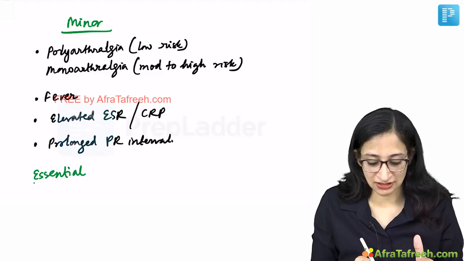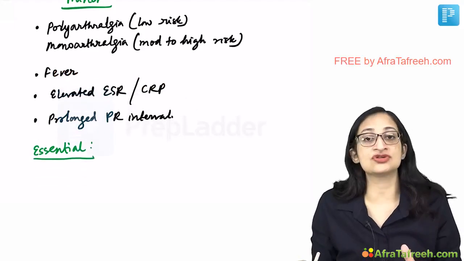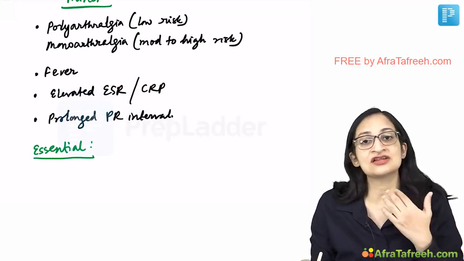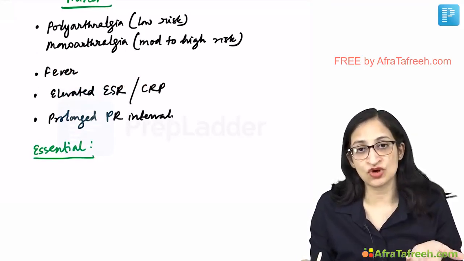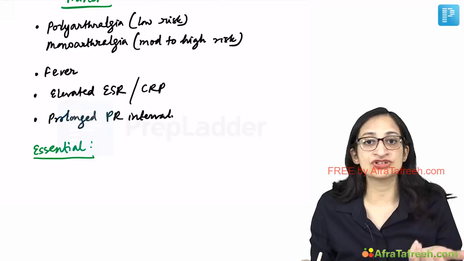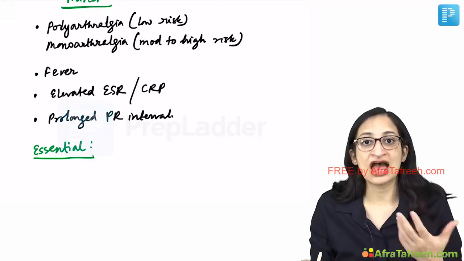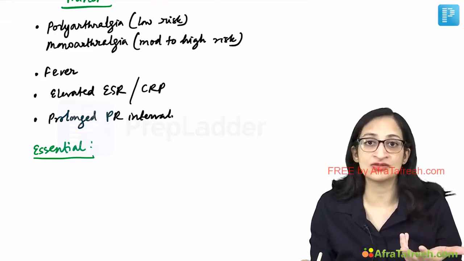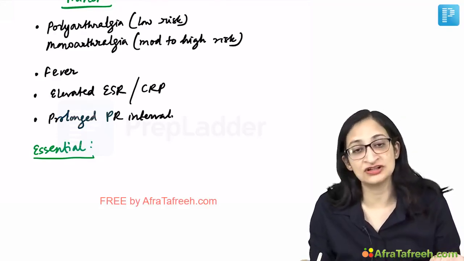So essential criteria is that you have to demonstrate a recent evidence of streptococcal infection, which can be either a rapid antigen test from the throat positive, or it can be positivity of the ASO titer, anti-streptolysin O antibody, or any of the other antibodies against streptococcus, like anti-hyaluronidase antibody.